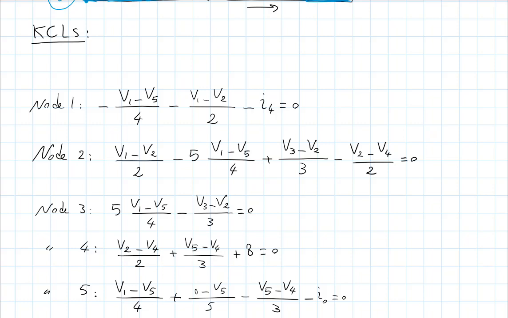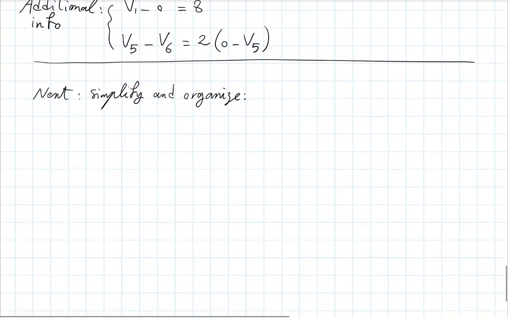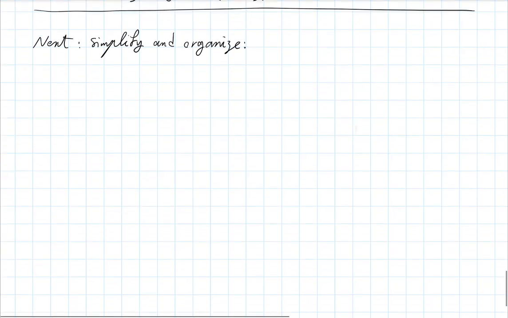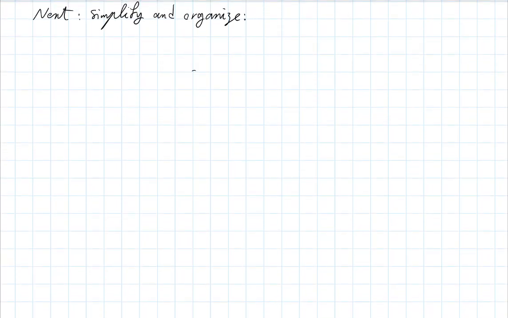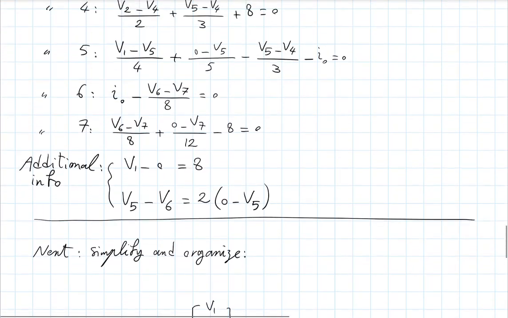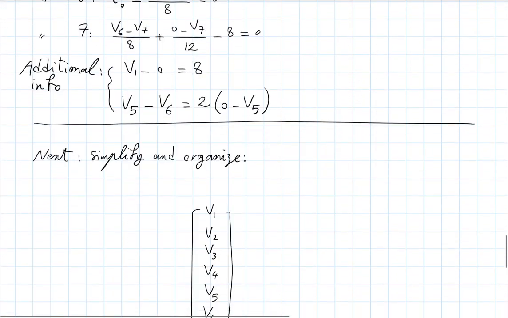Now, what do I mean by matrix form? This is what I said in yesterday's lecture. Basically, you have 9 unknowns here, and you want to organize them into a vector of unknowns. And your unknowns are V1, V2, V3, V4, V5, V6, V7, and then I0, I think, and I4.